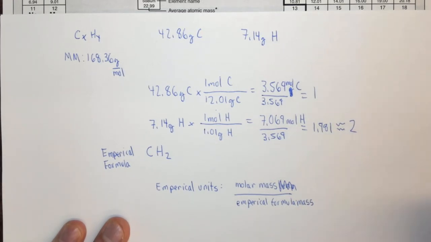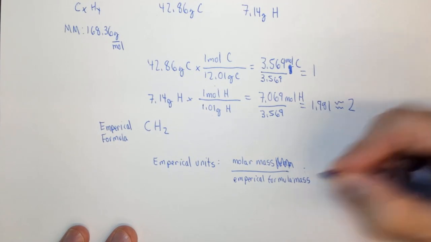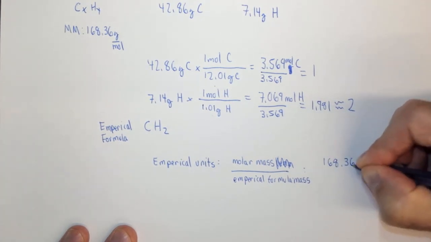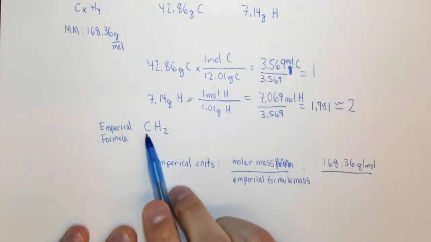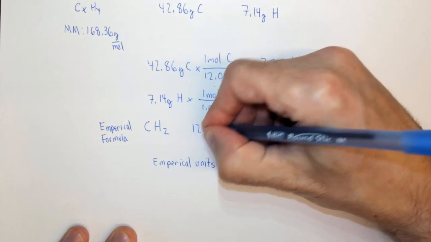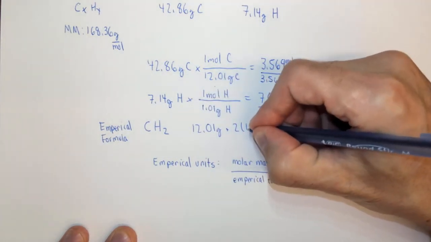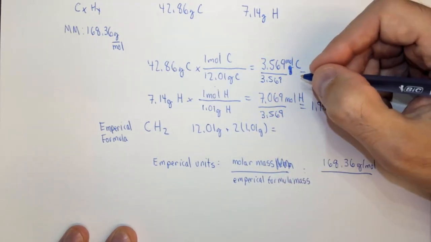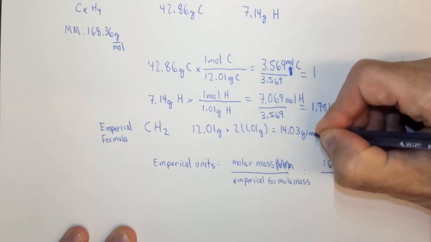To find the ratio, the molar mass that we're given is 168.36 grams per mole. And the mass of the empirical formula is 12.01 grams plus 2 times 1.01 grams, which is equal to 14.03 grams per mole.